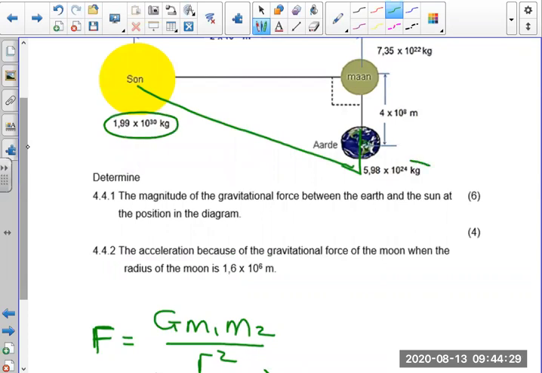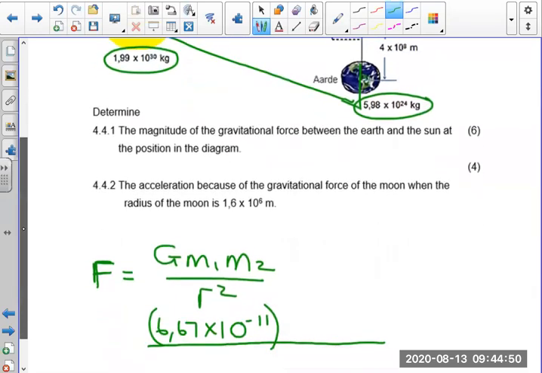Now you have to remember, and please remember that the radius of the Earth, the mass of the Earth, all the things that you want to know about the Earth is on your information sheet. So don't forget, if they ask you something about the Earth and you need the mass, go and check on your information sheet that they will give you.